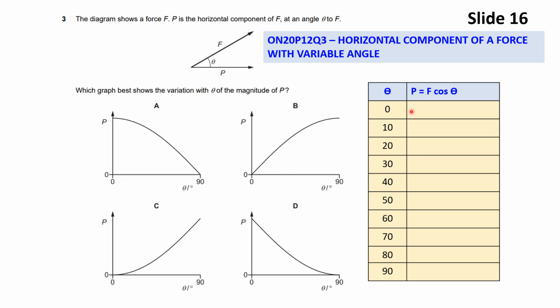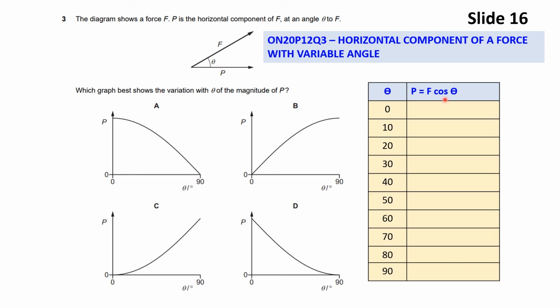Why not make a table where theta ranges from 0 to 90 with 10 degree increments: 10, 20, 30. It's important that you know the component P is F cosine of theta, because the component P is close to the angle, so we are using cosine.